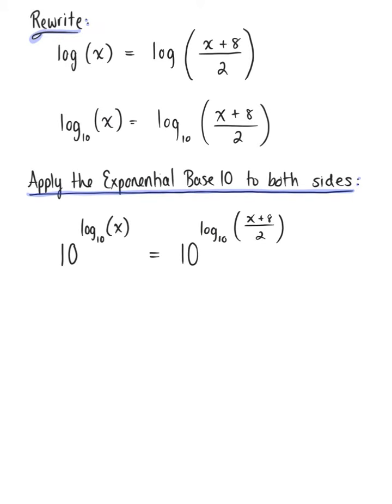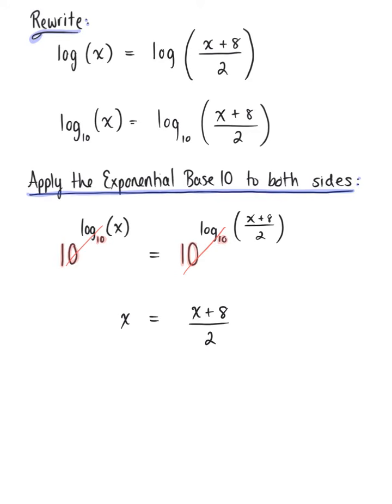And so now, because the exponential base 10 is the inverse of the logarithm base 10, these are going to undo the effects of each other on both sides of this expression, leaving us with x is equal to x plus 8 divided by 2. Beautiful! So this looks like a much more familiar algebraic expression.